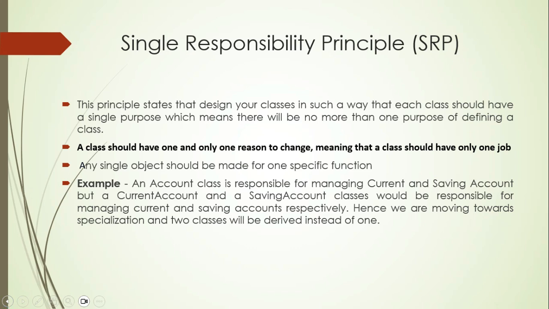Example: an account class that is responsible for managing current and saving accounts, versus separate current account and saving account classes responsible for managing current and saving accounts respectively. This means if you design a class that manages both current account and saving account, it is not following the SRP, because it now has two responsibilities.